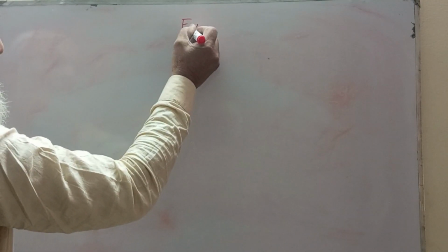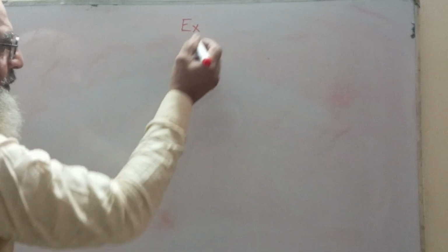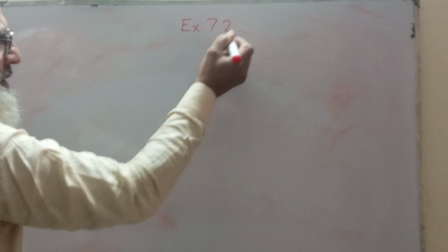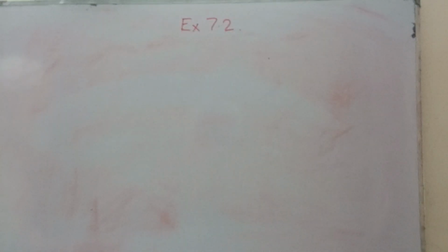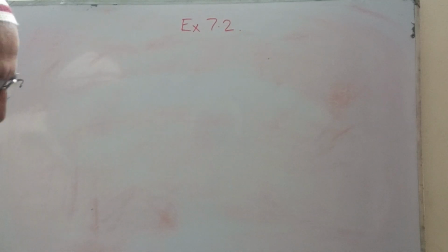Okay. So today I'm going to start exercise 7.2, and this is about circles. I've already told you something about circles. Now let me draw one circle today.